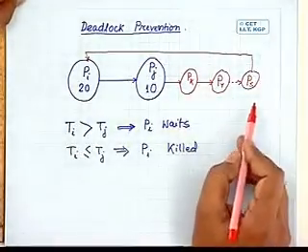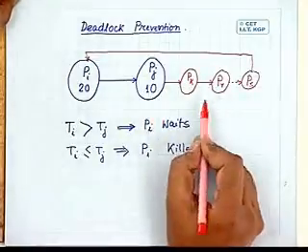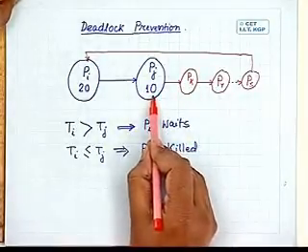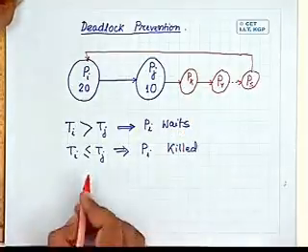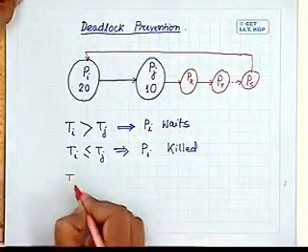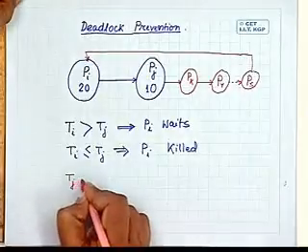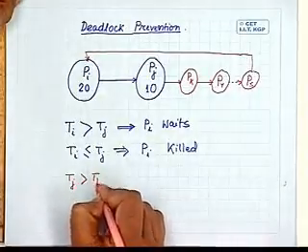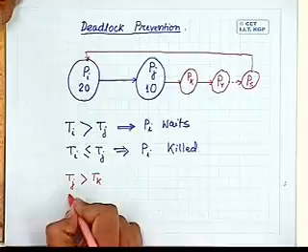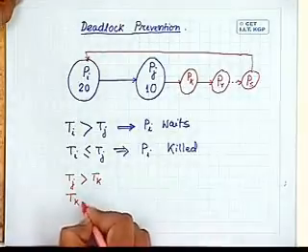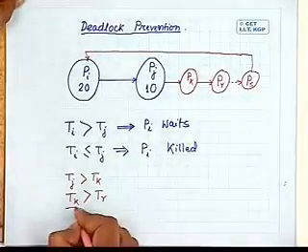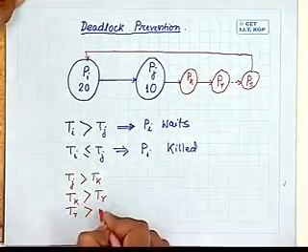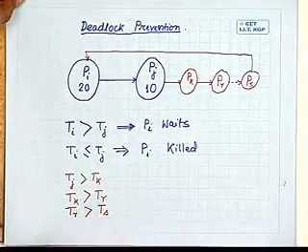If there is such a circular wait condition, then Tj will be greater than Tk, Tk will be greater than Tr, Tr will be greater than Ts.